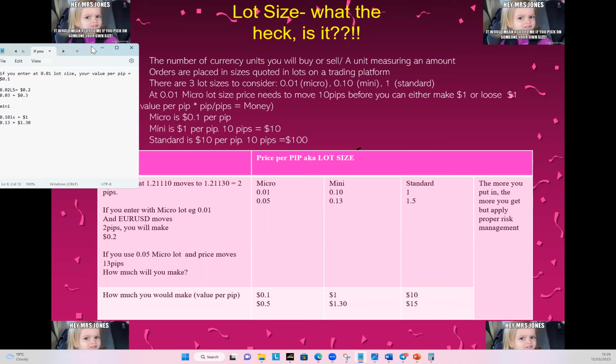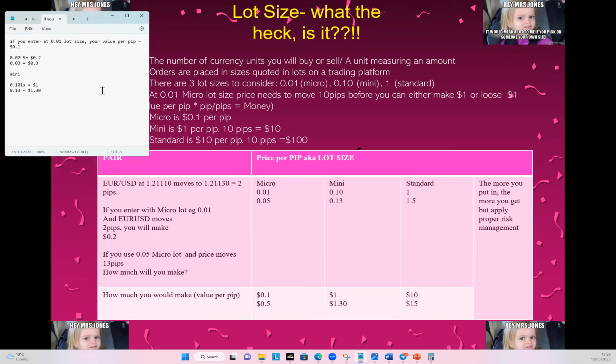With the formula, now we're trying to calculate how much money you will make for every pip movement, for your micro, for your mini, for your standard. We're going to take micro, for example. If EUR/USD moves 2 pips, so that is 2113 minus 2111, that gives you 2 pips, correct?